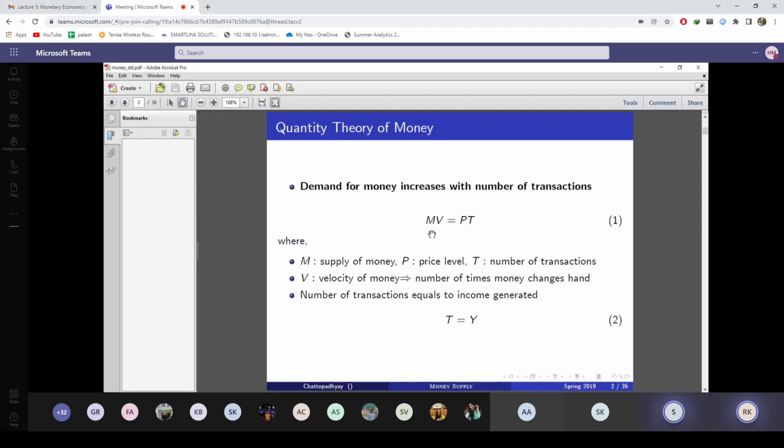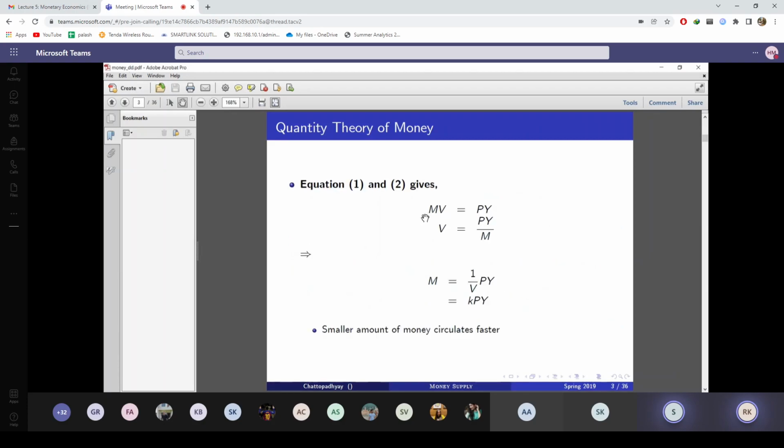The total nominal income that got generated in the economy by those 50 units of money created by the central bank is 150, only through changing hands. So 3 is the velocity of money. It's an identity. So the quantity theory of money, MV equals PY. And this is what you have actually seen. That's a very familiar equation to you, MV equals PY. And that is the intuition of this equation.